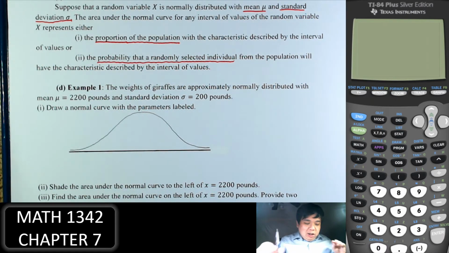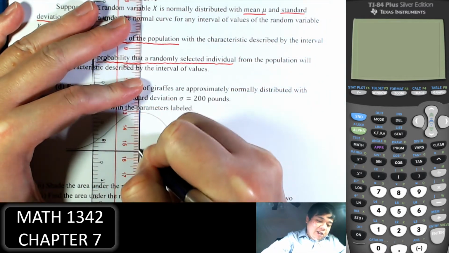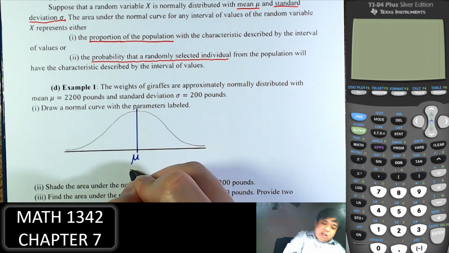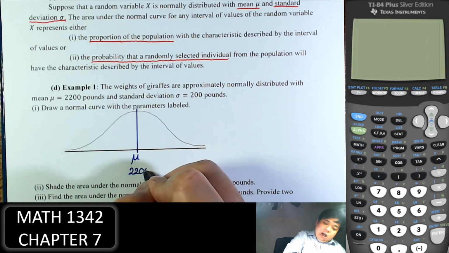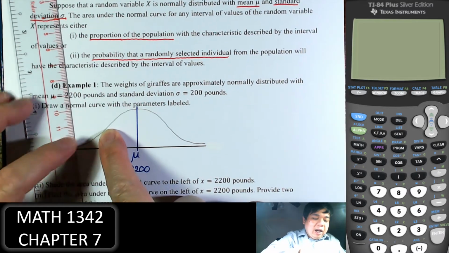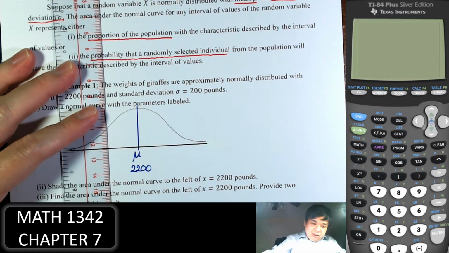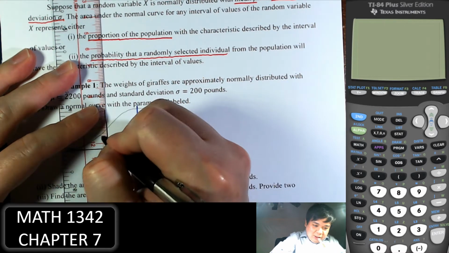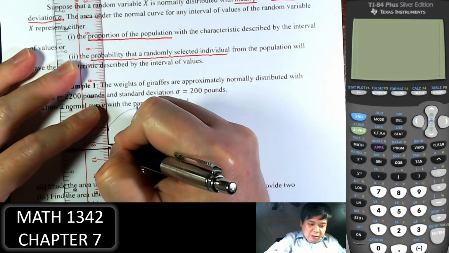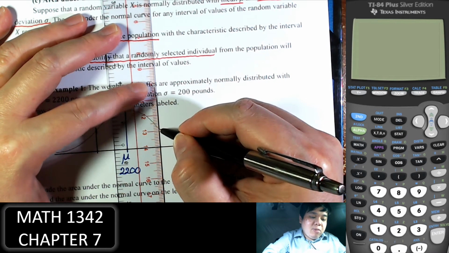After that, we will divide that in half. And we have the mean, which is at 2,200 pounds. After that, we find the inflection point, where it changes between opening up and opening down. So it's around here. Try to make it as symmetric as possible.